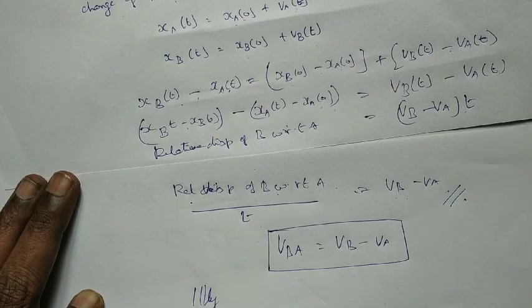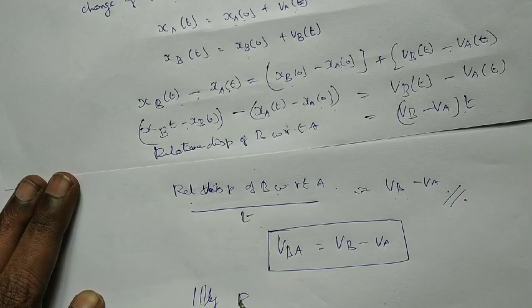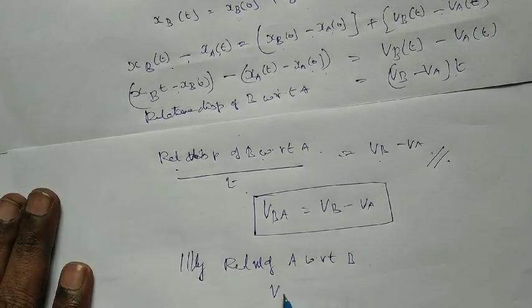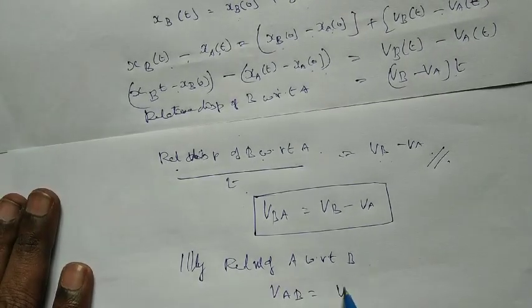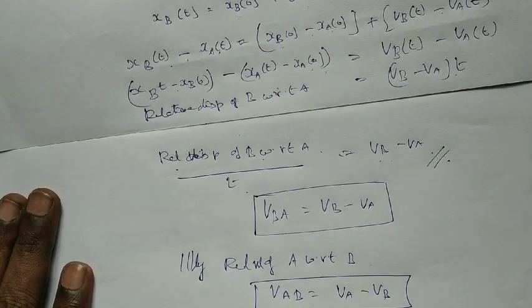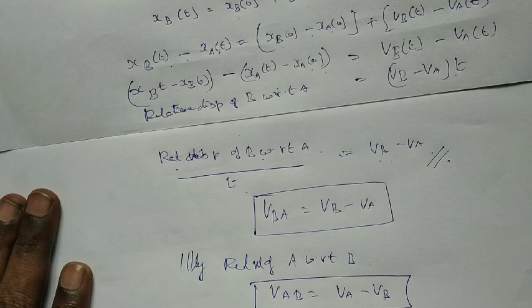Similarly, the relative velocity of a with respect to b, how can you write? It is going to be vab is equal to va minus vb. So that's the way in which it could be compared also.